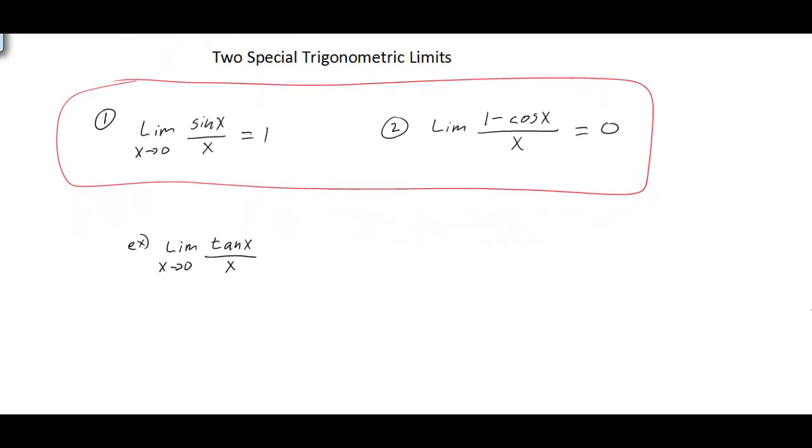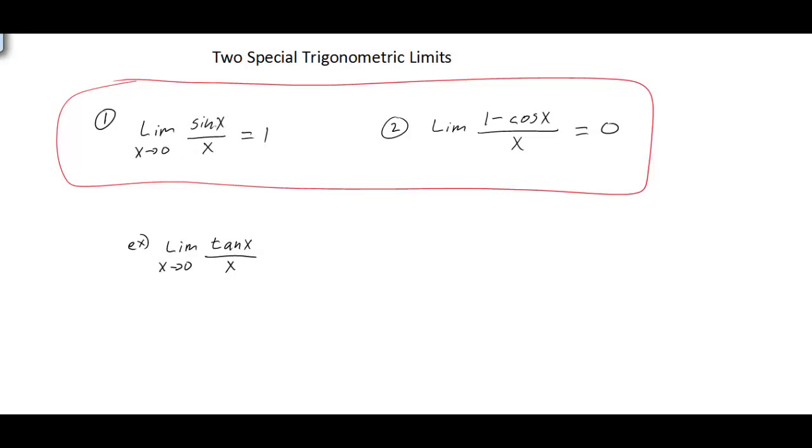All right, next we have two special trigonometric limits. The first one we see on the left is the limit of sine x over x as x approaches 0. Anytime you have this form, this is going to be equal to 1. If you have a textbook, or you go online and look, this is demonstrated through a theorem, and it talks about something called the squeeze theorem.